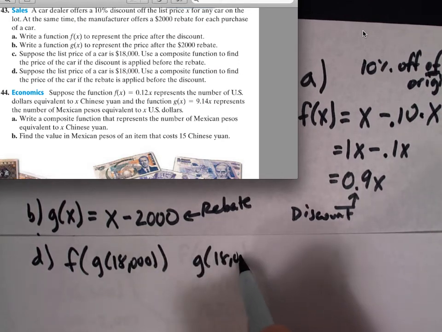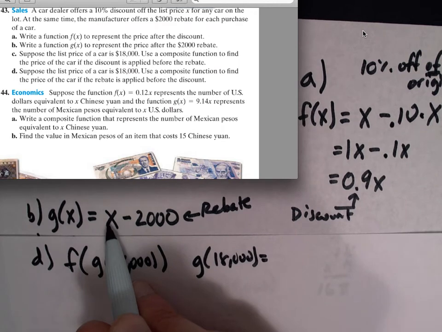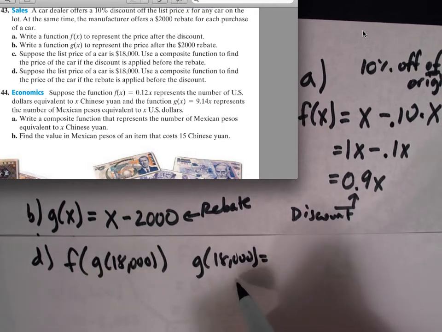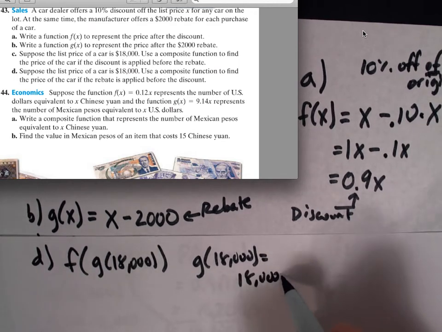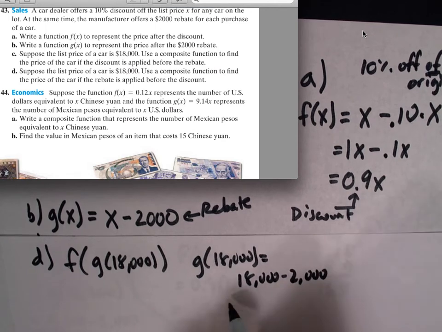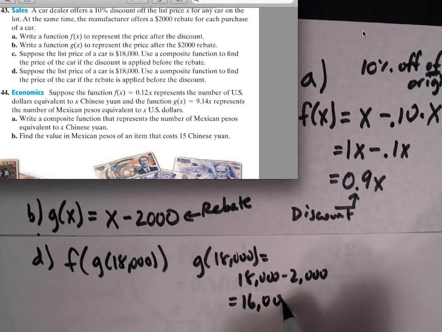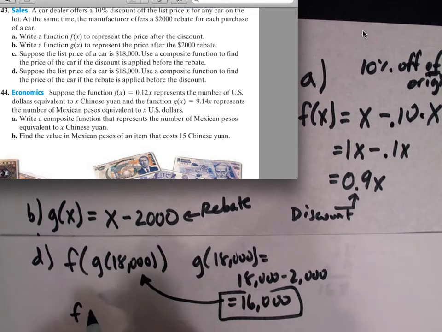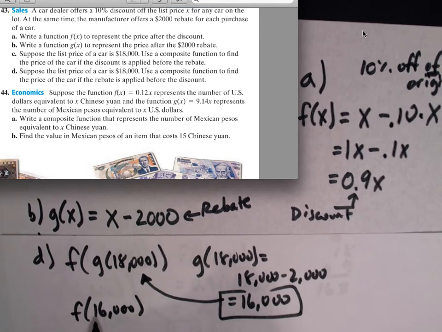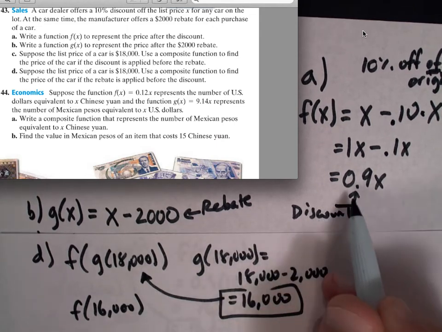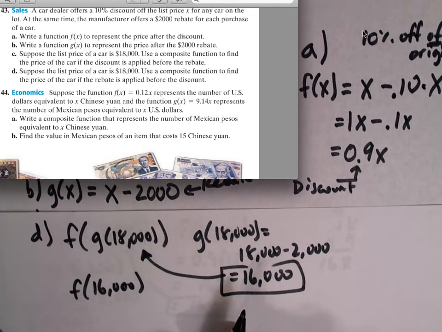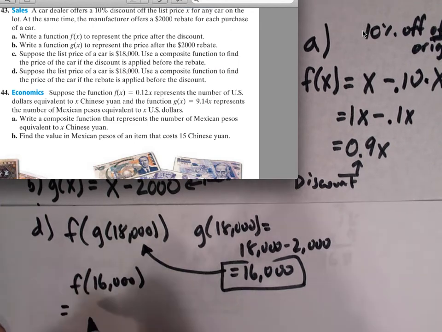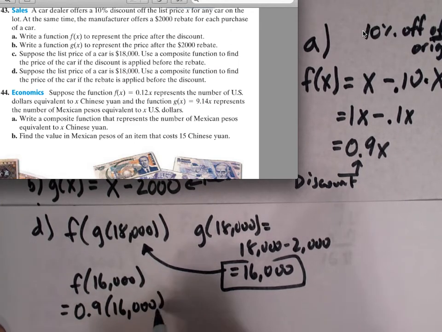Just plug in 18,000 here: 18,000 minus 2,000 is 16,000. That's my output. Plug that in for my input here, so I get f of 16,000. Now I plug this into my f machine. So what's that going to give us? f of 16,000 equals 0.9 times 16,000.